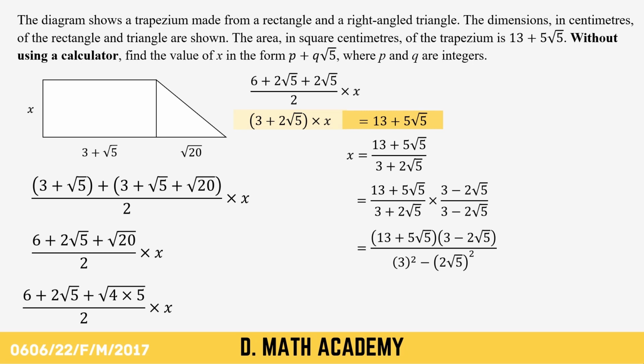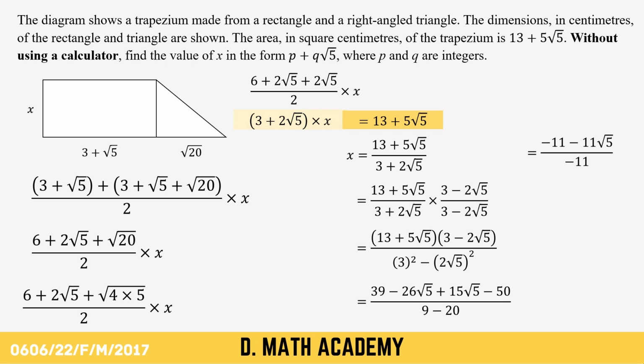So the calculation for that will get you 9 minus 20, and the numerator part you need to multiply accordingly. 13 times 3, 13 times 2 square root 5, 5 square root 5 times 3, 5 square root 5 times negative 2 square root 5. After the calculation, you will get negative 11 minus 11 square root 5 over negative 11.